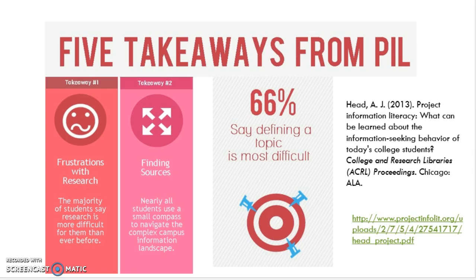Another thing they found was that students didn't utilize all of the information resources available to them. In fact, they tend to use a very small set of tools that exist in their information landscape. So, for instance, while students are pretty good at using Google, they rarely talk to a librarian if they have a question about finding resources.